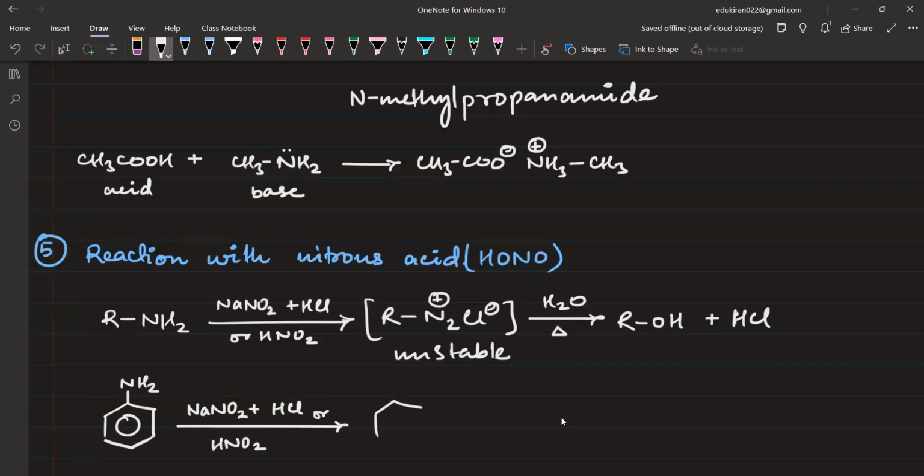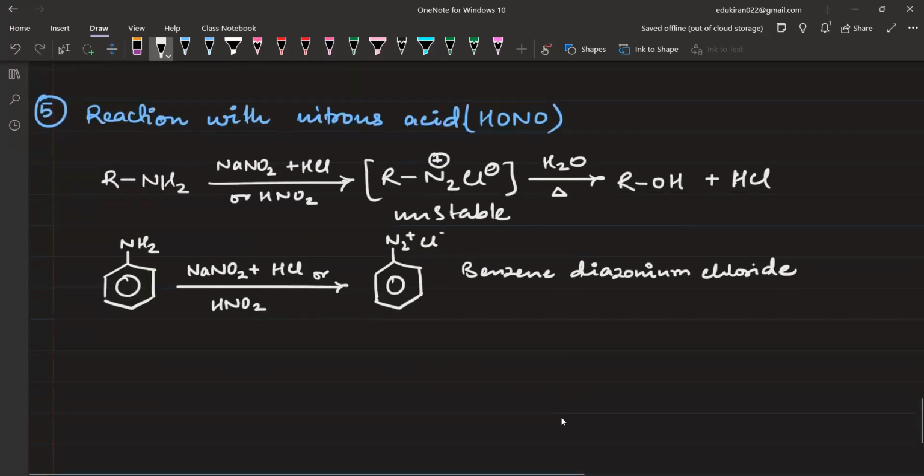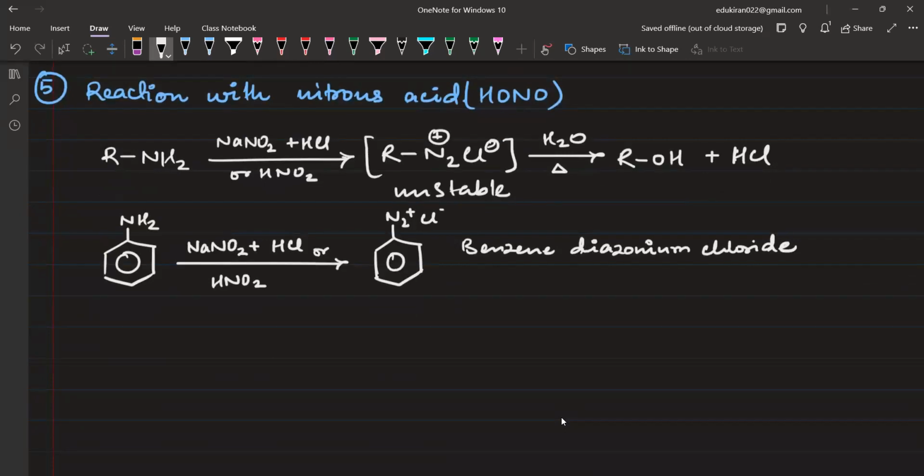We get benzene diazonium salt, which is quite stable due to resonance. This is known as benzene diazonium chloride. Now these two reactions are important, of the primary amine or aromatic amine.